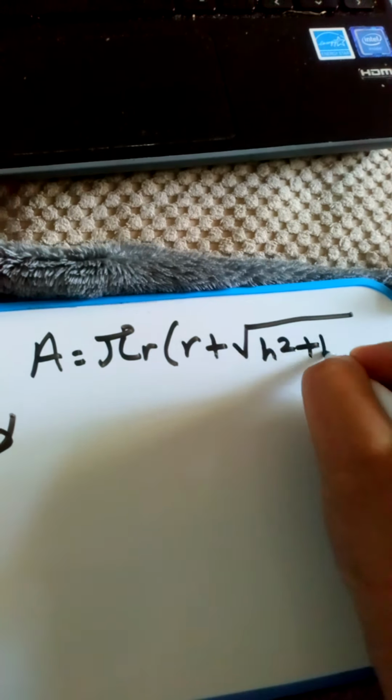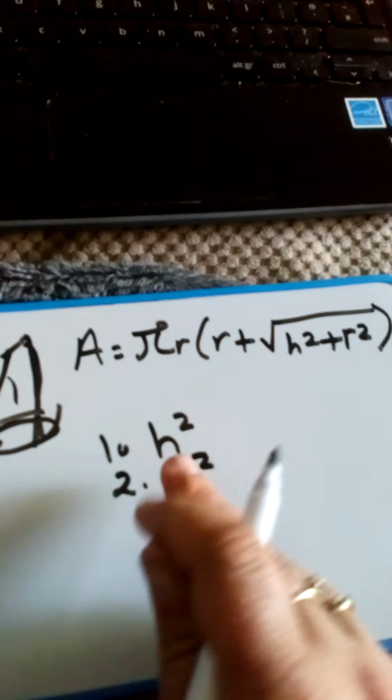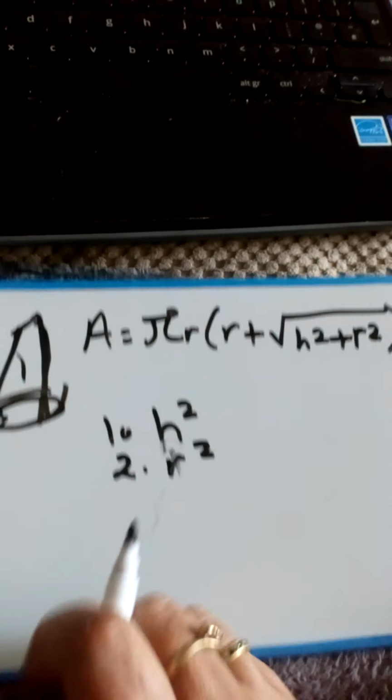Let's break that down. Okay, so the first thing you need to do, step 1, is square the height. Step 2, square the radius.